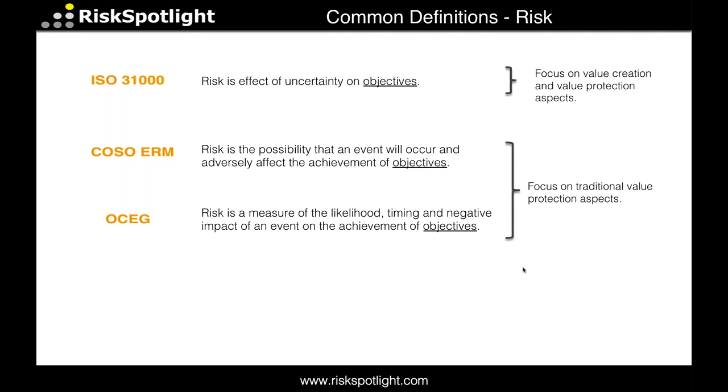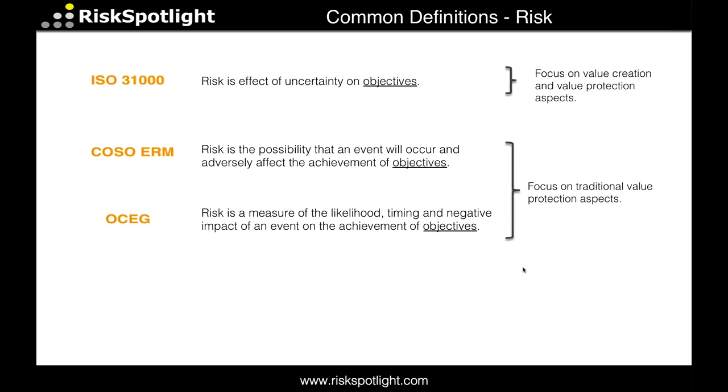And OCEG, which is the Open Compliance and Ethics Group, is another global organization which has defined best practices for governance, risk, and compliance. So they define risk as a measure of the likelihood, timing, and negative impact of an event on the achievement of objectives. So again, they're focusing on the negative impact.